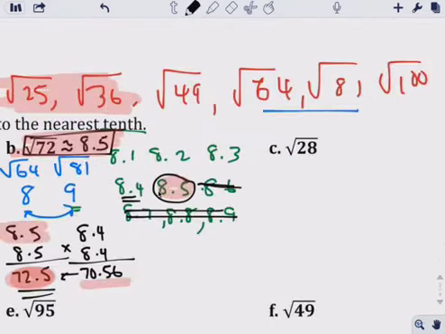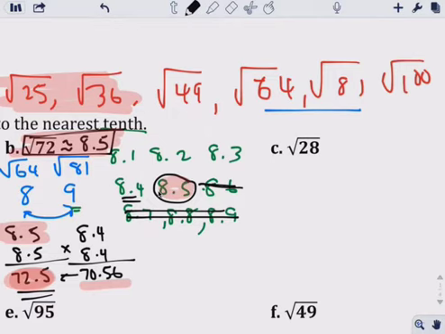Okay? So square root of 28 is between these two numbers right here, 25, so it's between square root of 25 and the square root of 36, which is 5 and 6.